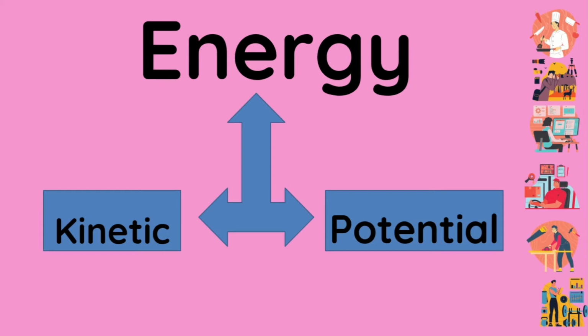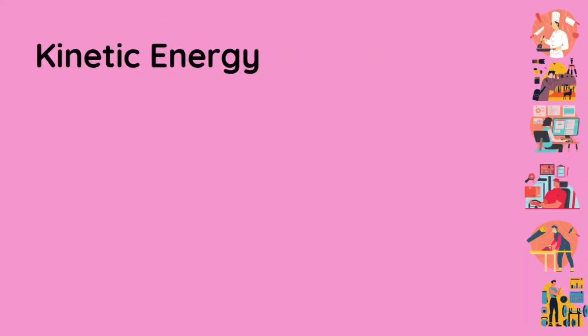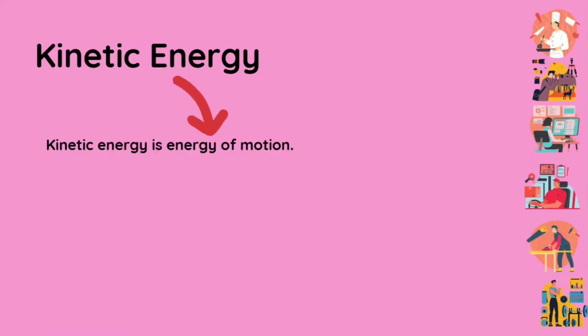So let's start with kinetic energy. Let's go back to the ball. The something that caused the ball's motion, or that was transferred to the ball, is specifically kinetic energy, which is energy of motion.